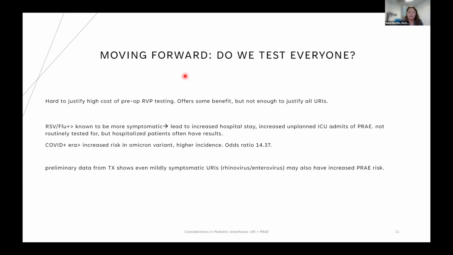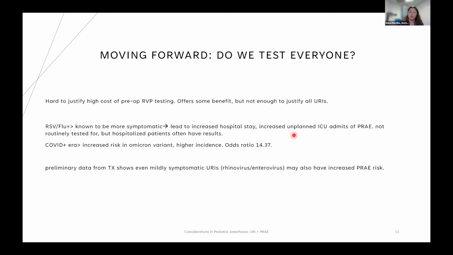However, the one thing that is usually tested is if a patient has been delayed for surgery and they need to reschedule. Usually they will test for RSV and flu, because they are known to lead to increased hospital stays and unplanned ICU admits as well.